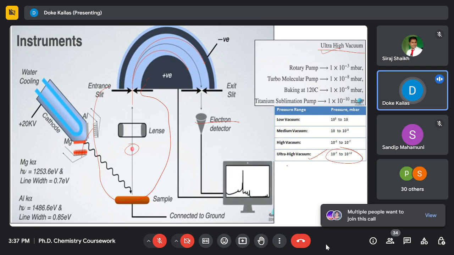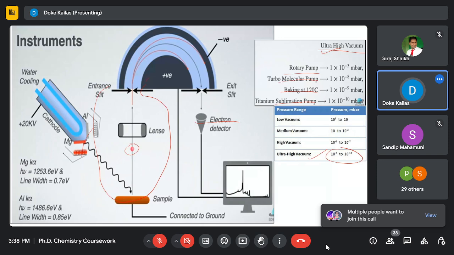That is the purpose of getting ultra high vacuum in the instrumentation of X-ray photoelectron spectroscopy. In addition, the instrument requires some special types of pumps: a rotary pump or turbomolecular pumps, or in addition to turbomolecular pumps, baking at 120 degrees Celsius, which gives a pressure smaller than 10 raised to minus 9 millibar.